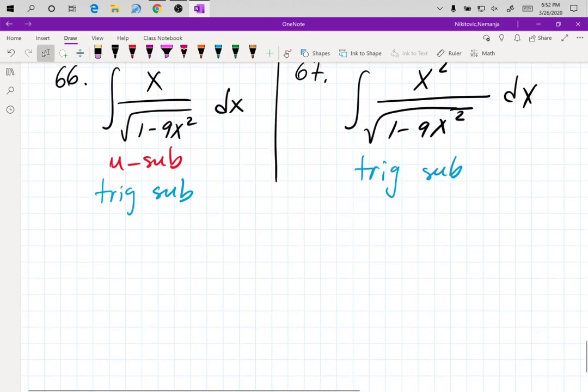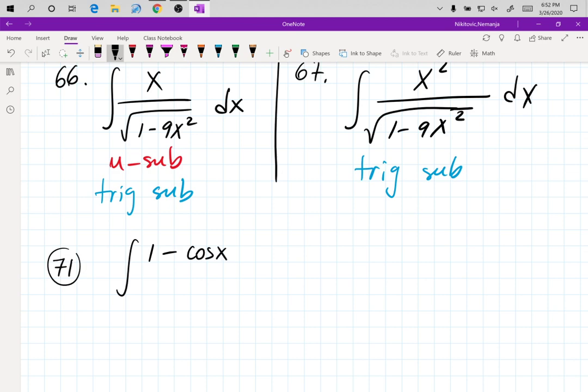Sometimes it's cool to pick up a problem I have no clue what to do with, and then let's figure it out. Integral of 1 minus cosine x over 1 plus cosine x. I have no clue what to do here.